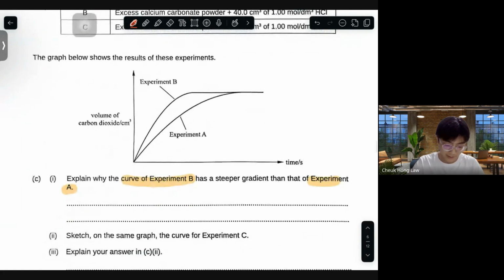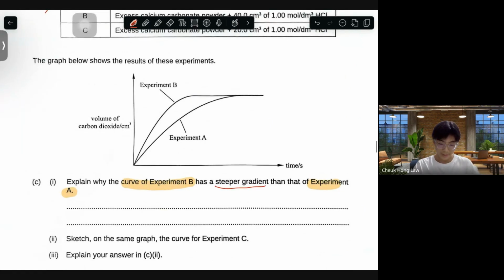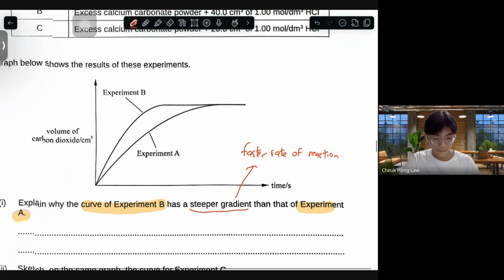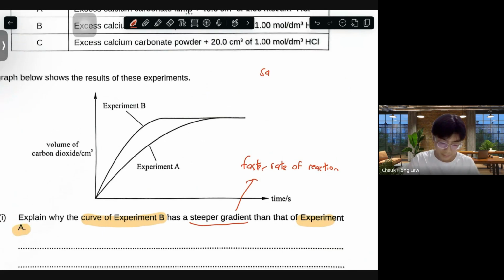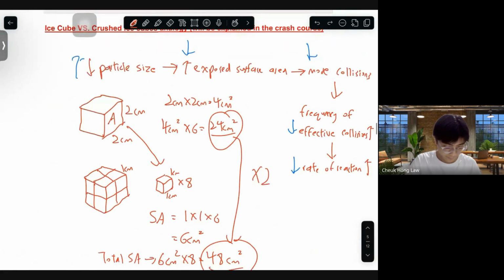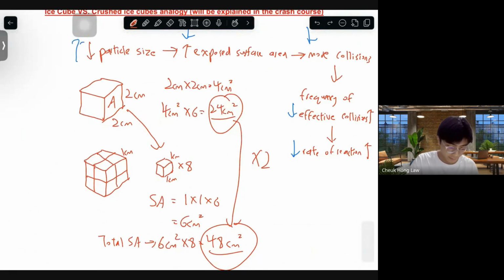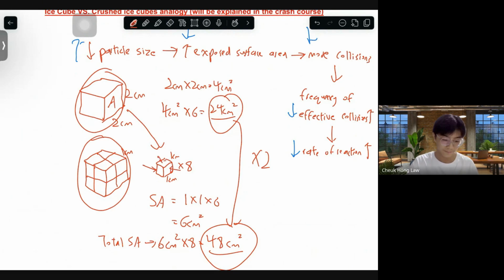Okay, back to this question. Explain why curve of B has a steeper gradient. So again, steeper gradient means faster rate of reaction. But the numbers increase, is it? Okay, it's actually the same. It's the same particle, the same thing. It's just that we have more exposed surface area now.